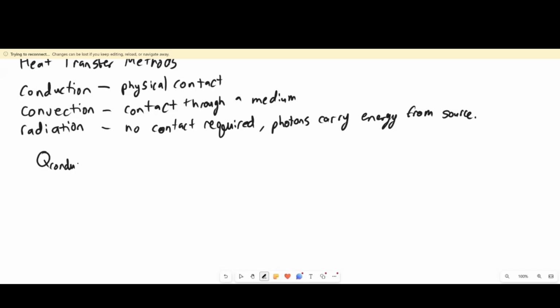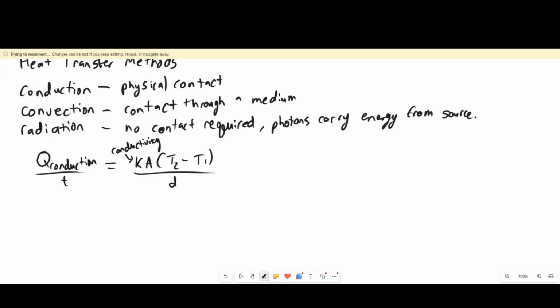For conduction, and we'll look at the heat transfer per unit time for each of these. So for conduction, this K is the conductivity. So that's just a measure of how easily something can conduct heat, and that will be an intrinsic property of that material.